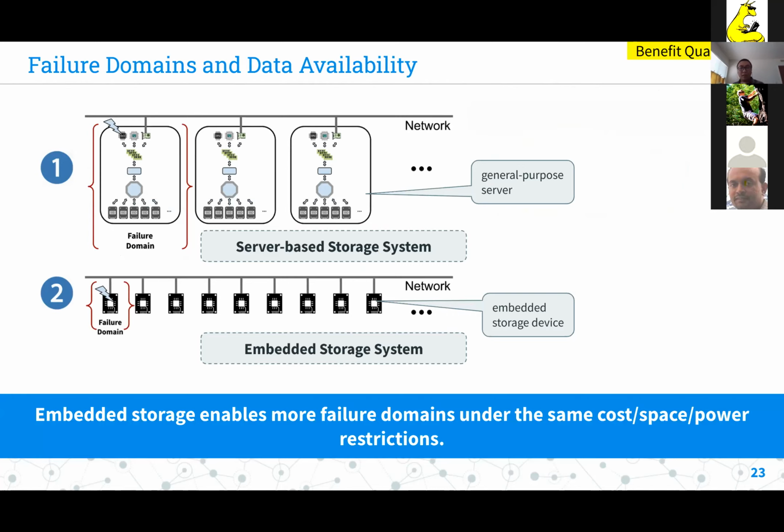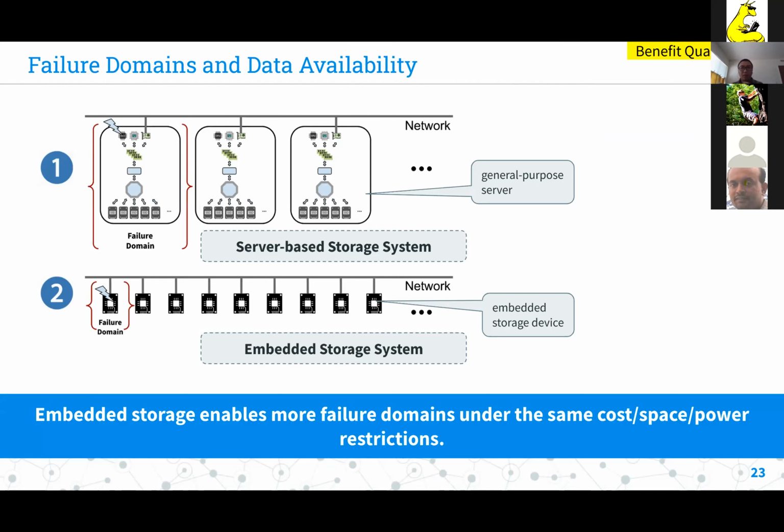And because each embedded storage device is much simpler and cheaper than a general purpose server, it makes sense to have more nodes in the embedded storage system than the number of nodes in the server-based storage system. And also because the embedded storage device essentially is an independent failure domain, the number of independent failure domains in the embedded storage system could be much greater than the number of failure domains in the server-based storage system.